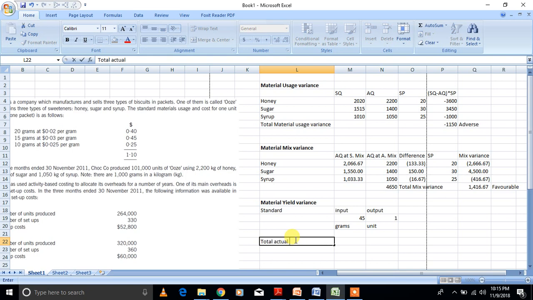Total actual input, altogether how much of input has been given. I have it here, 4650 kilograms.